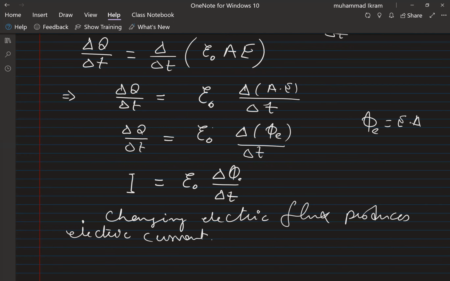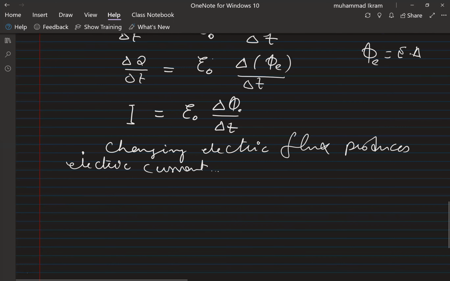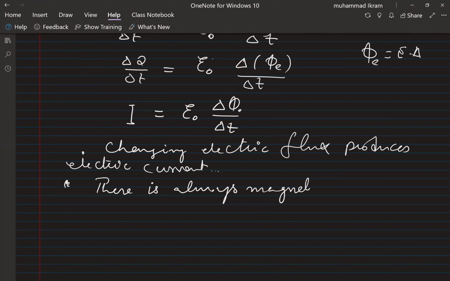But we know from one of the most famous and important equations, or you can even say from Ampere's law, that there is always a magnetic field associated with the moving charges.